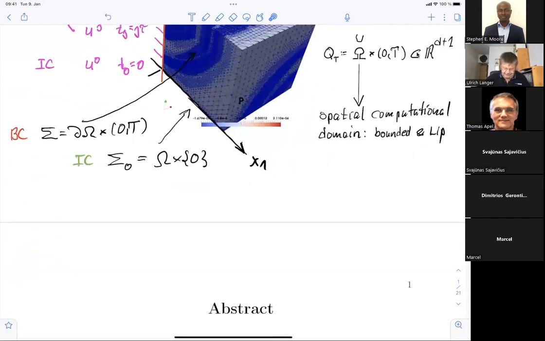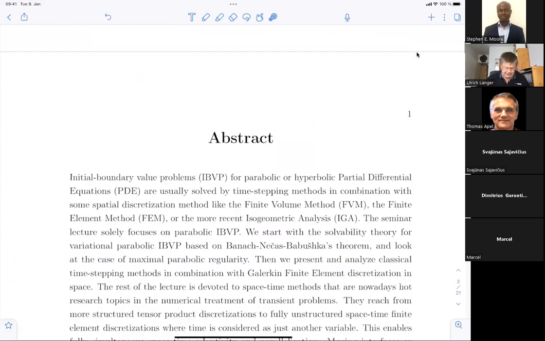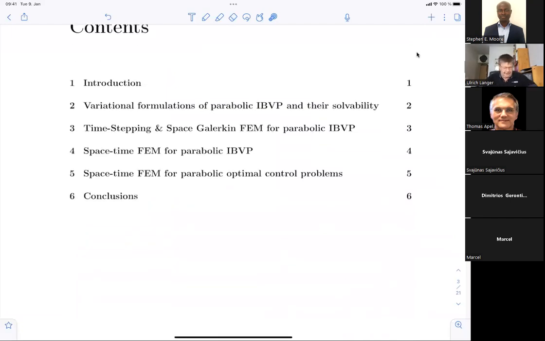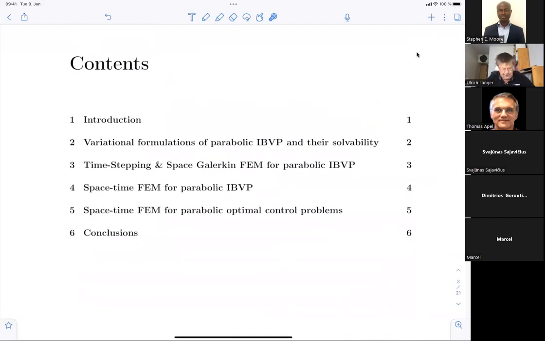Okay, the abstract contents, the outline of my lecture. After the introduction, I will look at some variational formulations. I will concentrate on parabolic problems. I will look at variational formulations of parabolic initial boundary value problems and their solvability. And usually the different variational formulations are the starting point for different numerical methods.